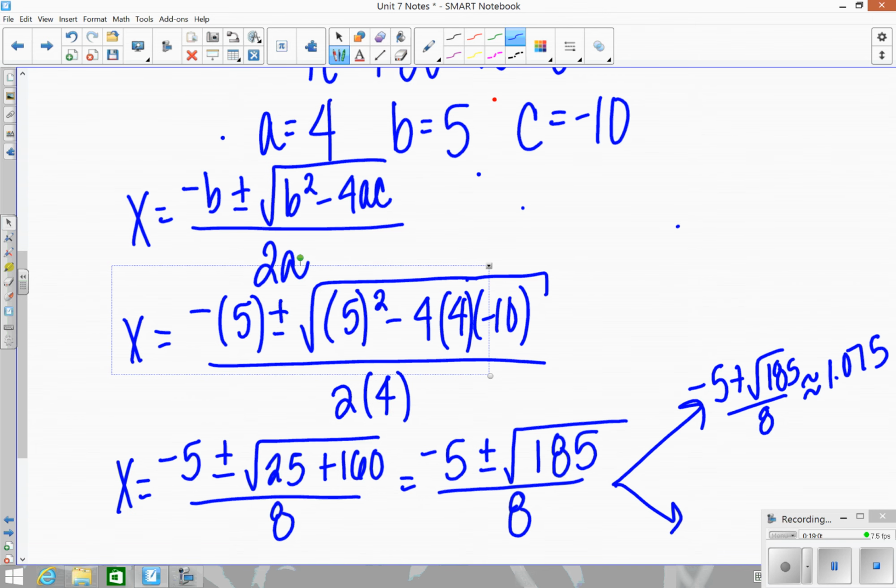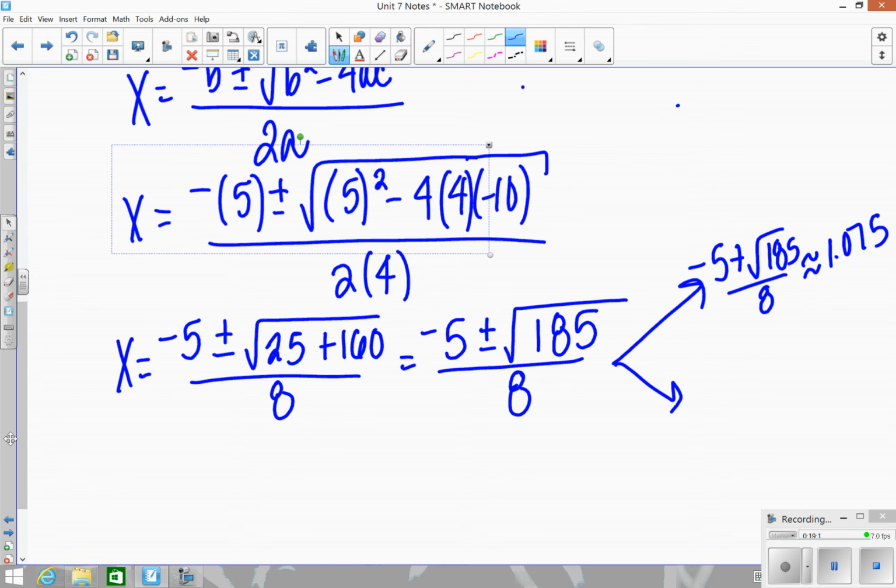And then we're going to put the other one in our calculator. So negative 5 minus the square root of 185 all over 8. And let's get a decimal approximation for that. For that one, we have negative 2.325.